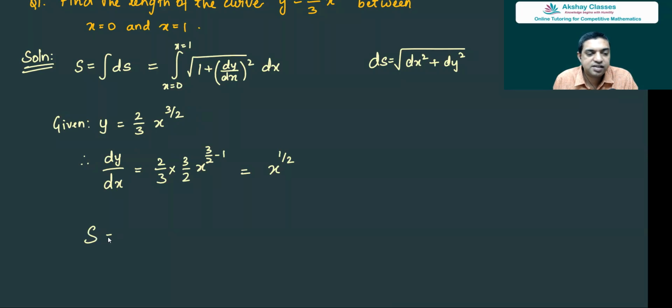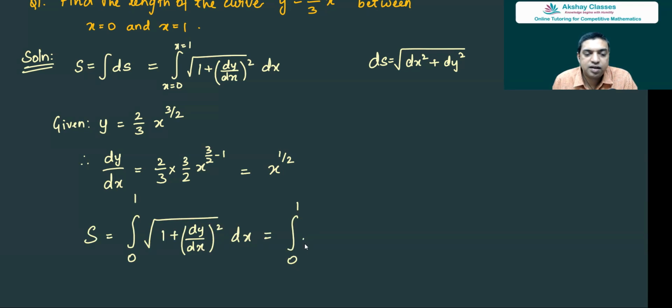So ds is integral x equal to 0 to 1 under root 1 plus dy by dx the whole square dx, which is integral 0 to 1 under root of, substitute this dy by dx as x to the power half whole square, that will give us x dx.